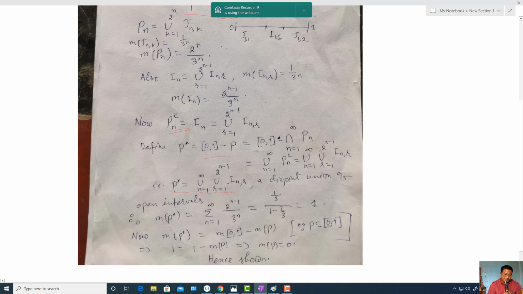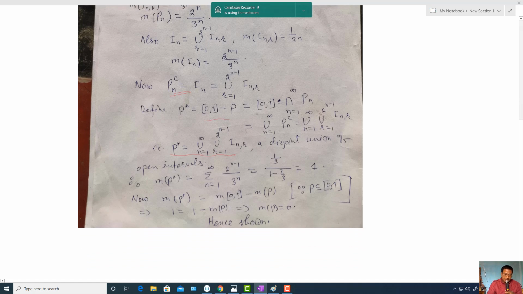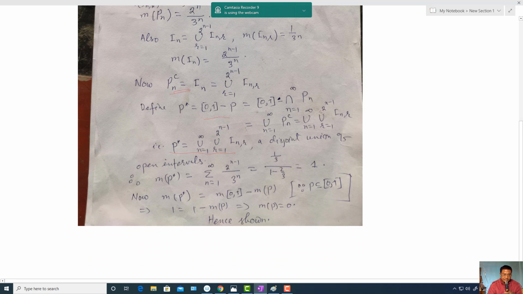From the construction it is obvious that these are open intervals, pairwise disjoint, a disjoint union of open intervals. Therefore, by the definition of measure, the measure of P star is equal to the sum of the lengths of the disjoint intervals.